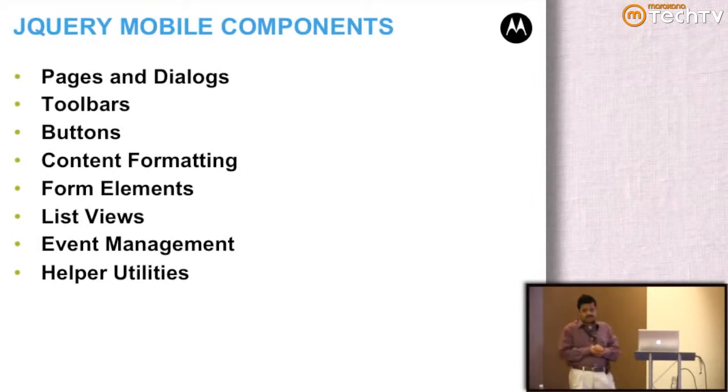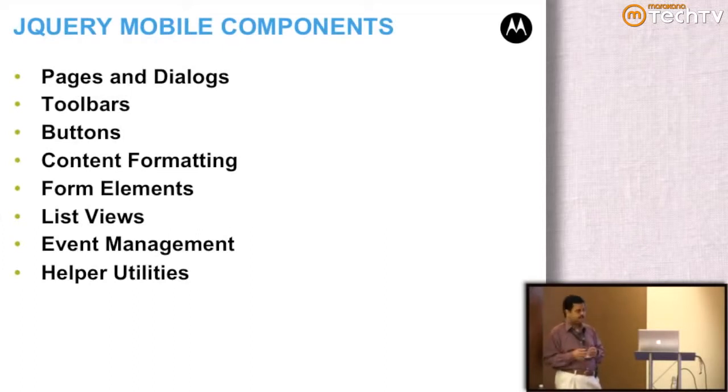There are some key components of jQuery Mobile that let you do what I just talked about. Some of the components are pages and dialogues. I will talk in more detail about several of these. Toolbars, buttons, formatting content, forms, which is one of the more frequently used aspects of any UI framework.